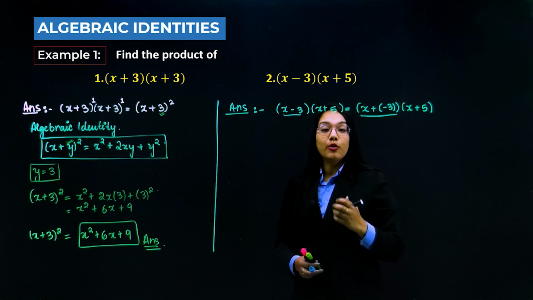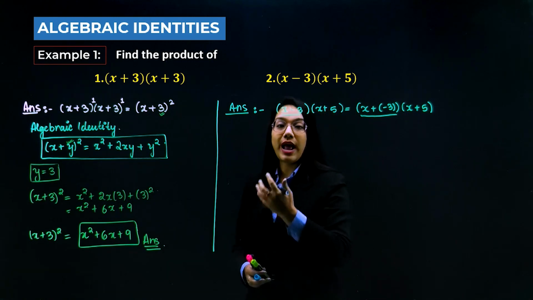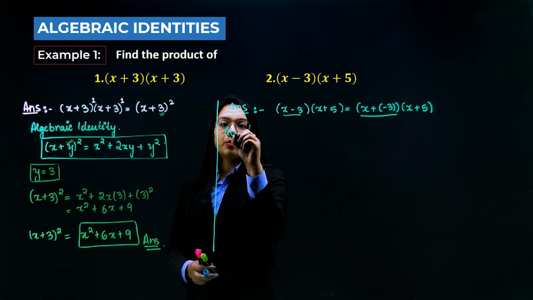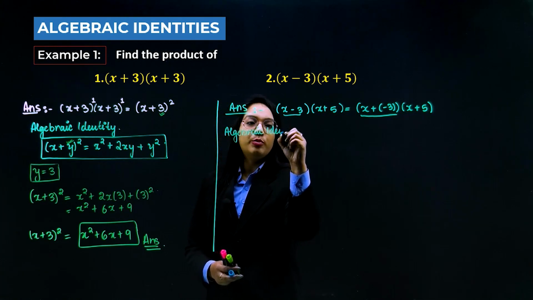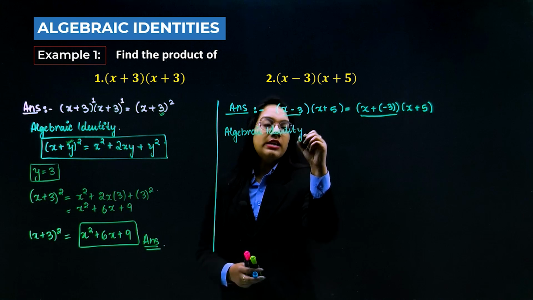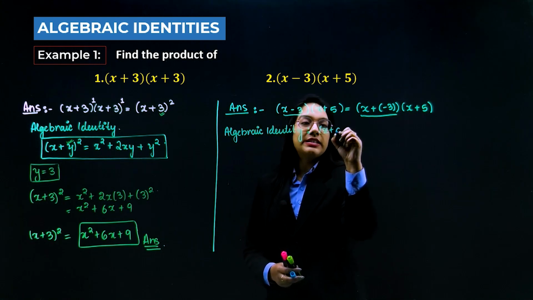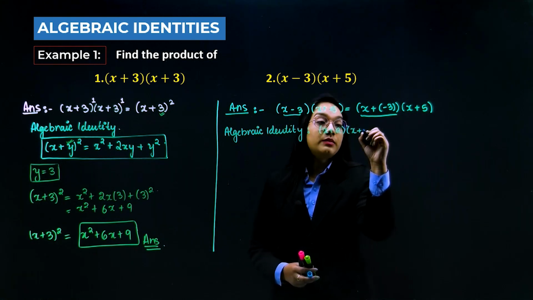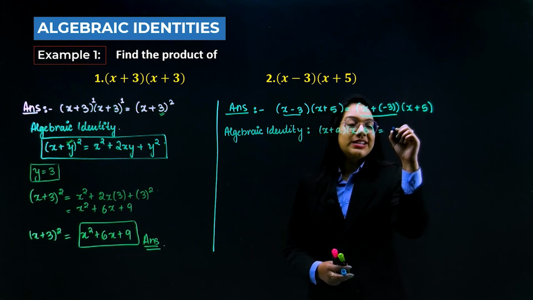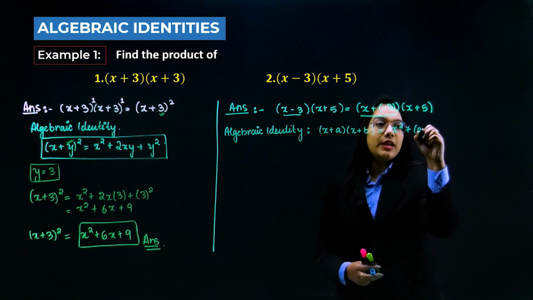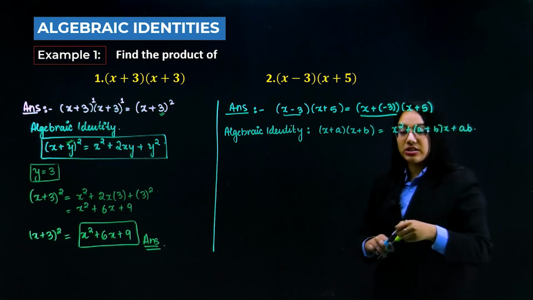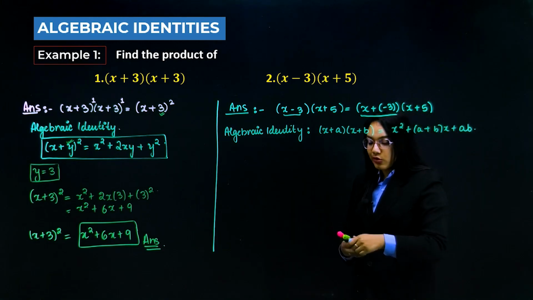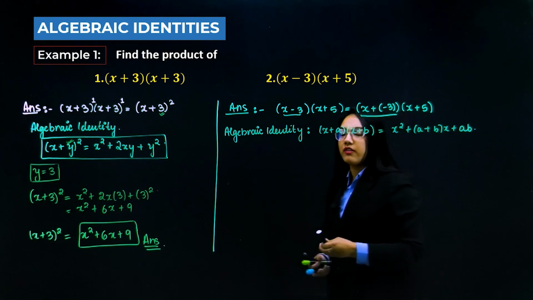Because we already know an algebraic identity of the form (x plus a) into (x plus b), which is equal to x square plus (a plus b) of x plus ab.